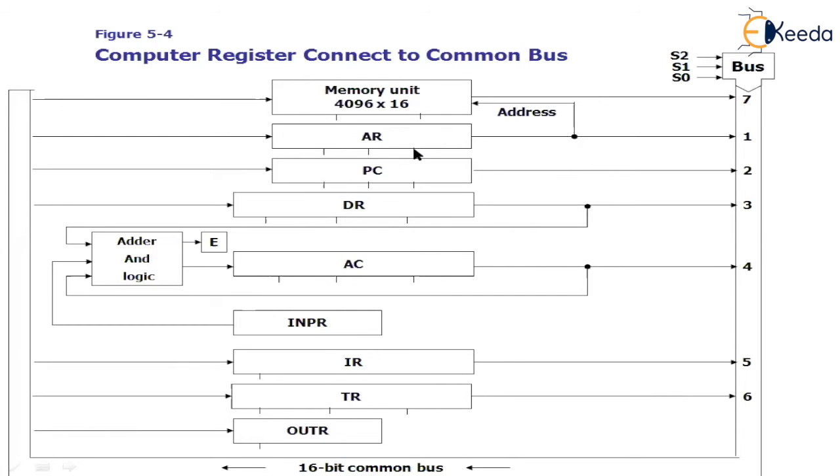Most of the registers are provided with load, increment, clear, right? So when a specific register's load input is enabled, that means that register acts as a receiving register.